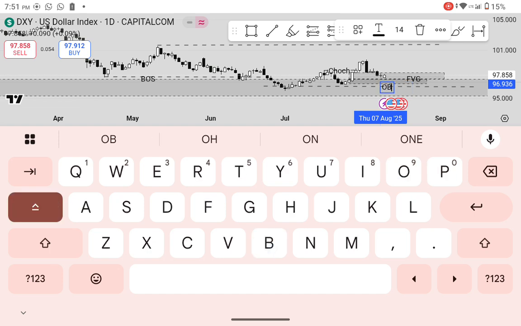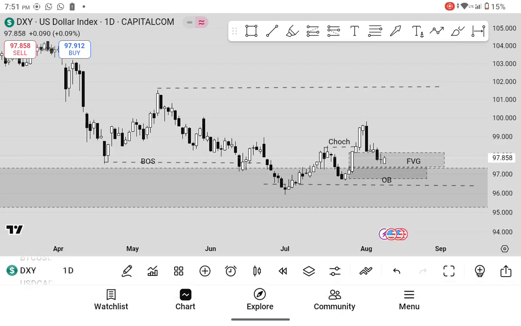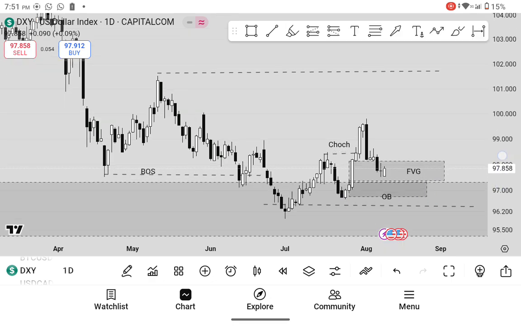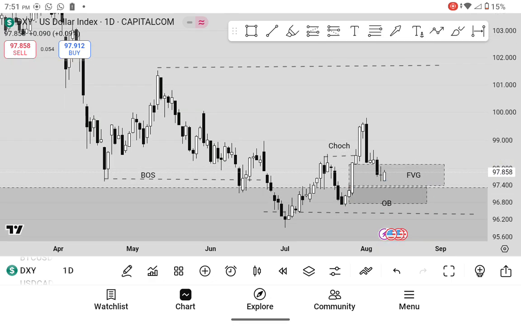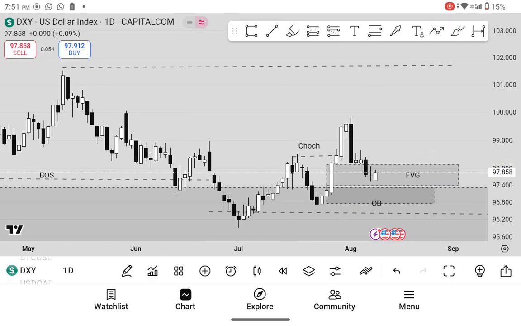So what am I expecting of DXY? I'm expecting the market to rally more to the downside before we can actually start looking at our potential buys.